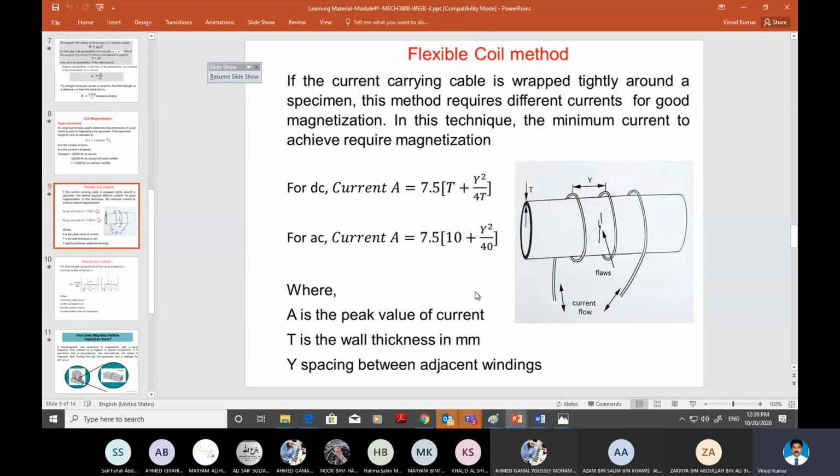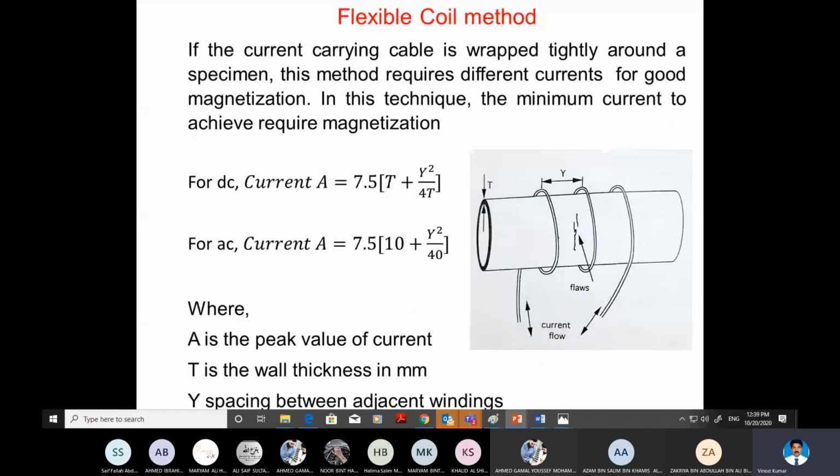Whenever we talk about these equations, the first equation is A equal to this, and A equal to this. These are constant values.